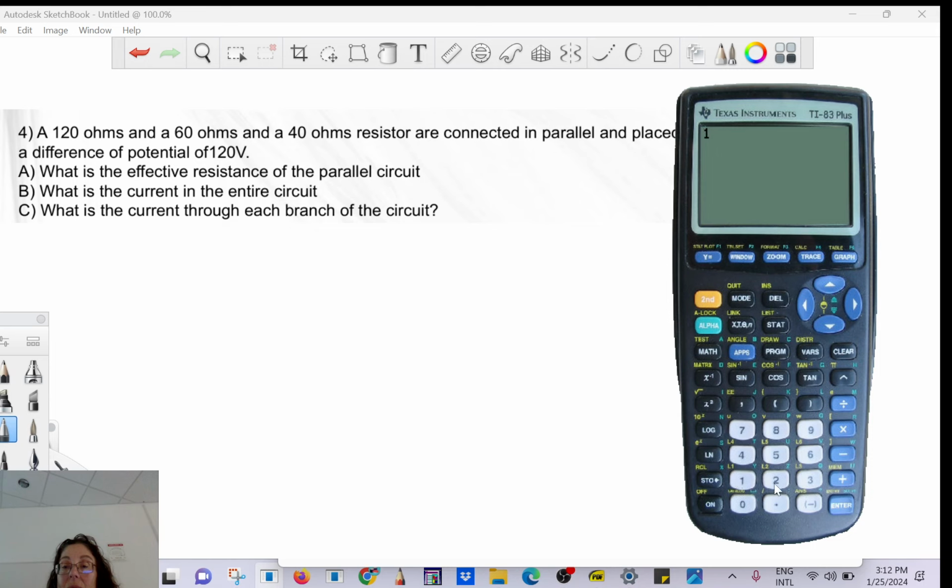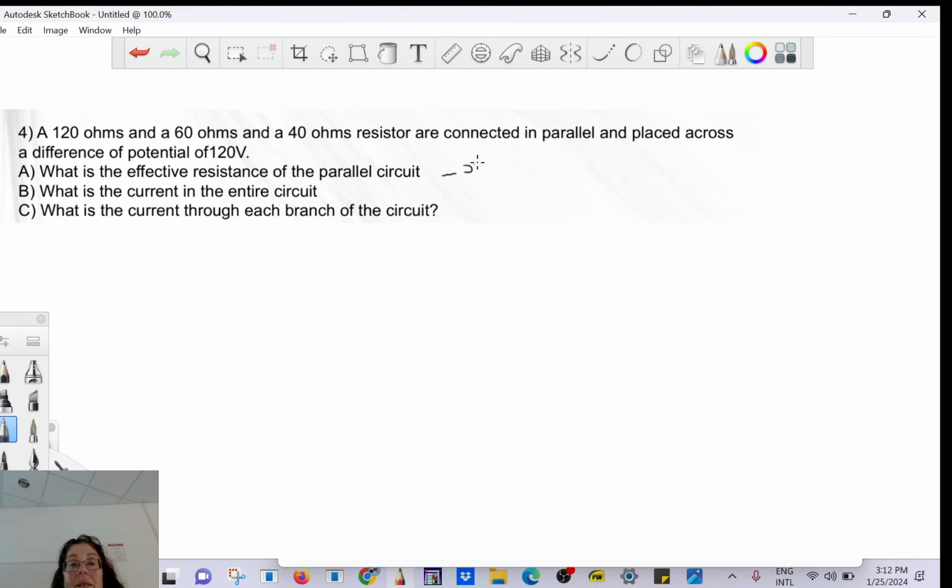So 120 to the minus 1 plus 60 to the minus 1 plus 40 to the minus 1. So what do you get? 0.05. You flip, what do you get? 20 ohms. Do you all agree with that? Okay, so that's going to be 20 ohms.